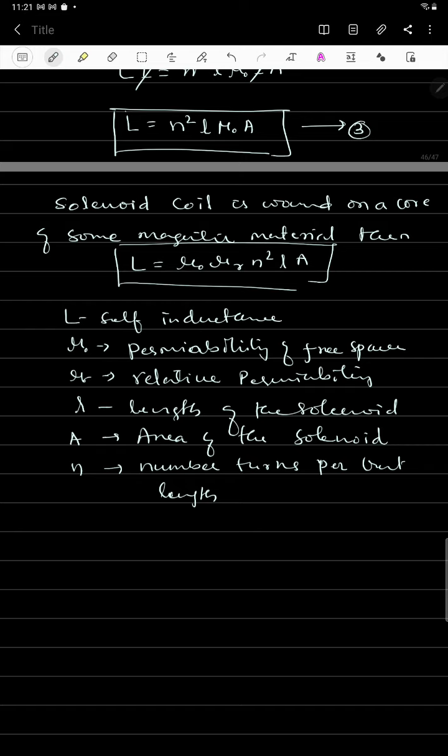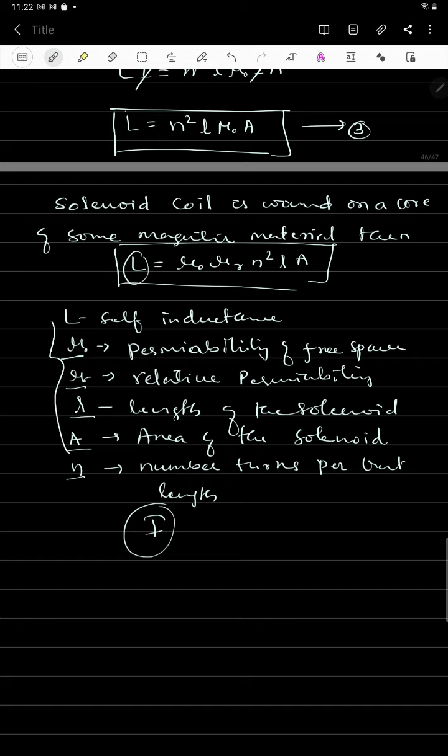So what it indicates is that the self-inductance depends on the permeability of free space and relative permeability, and the length of the solenoid, area of the solenoid, and number of turns of the solenoid. But it does not depend on the current.